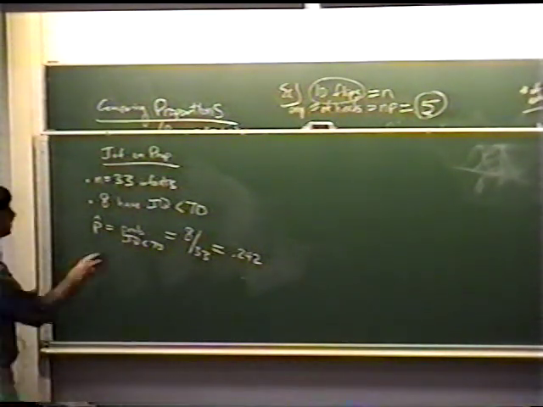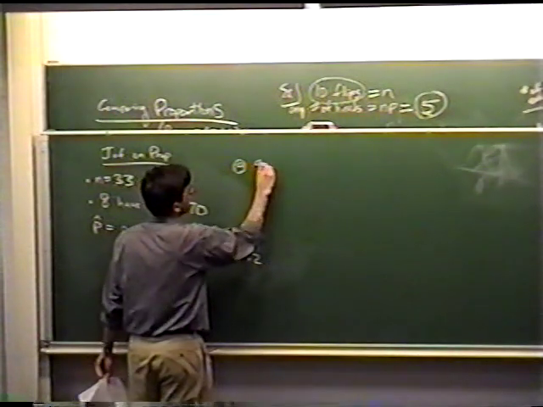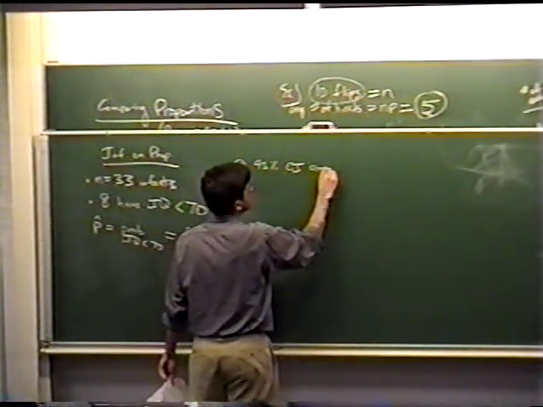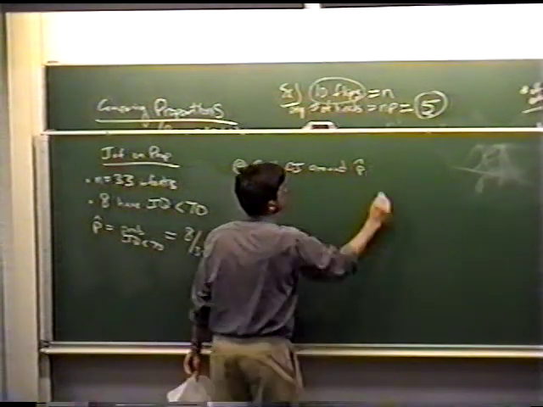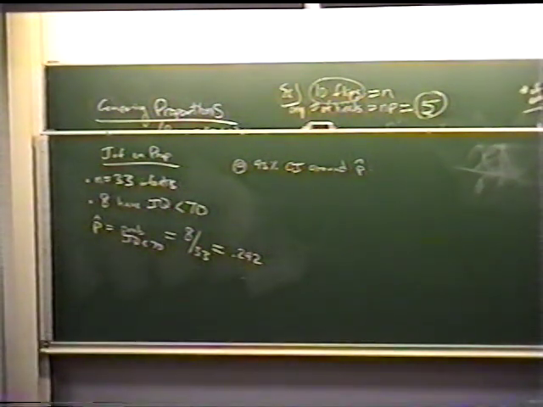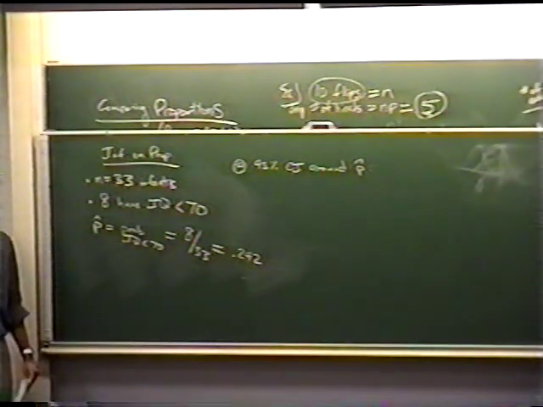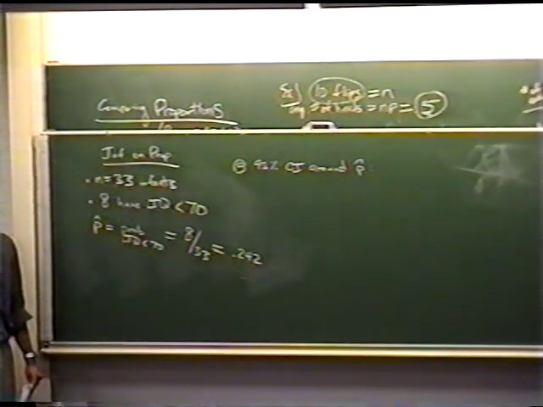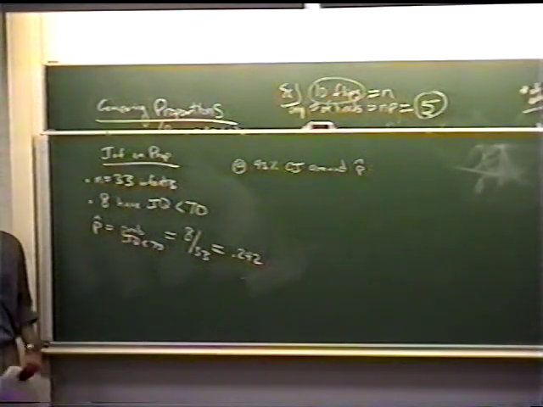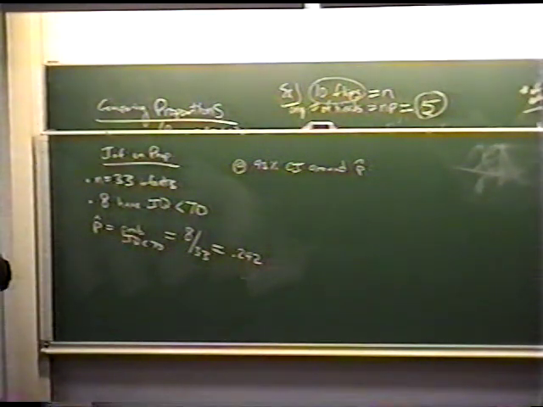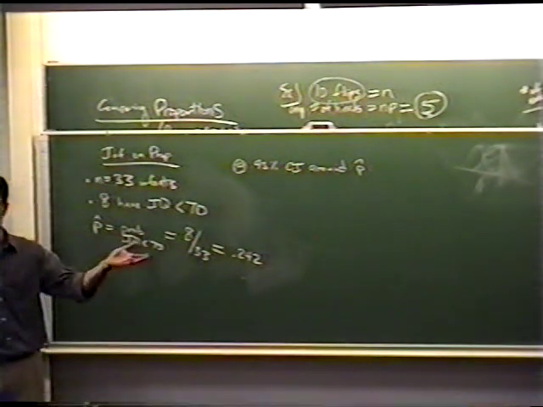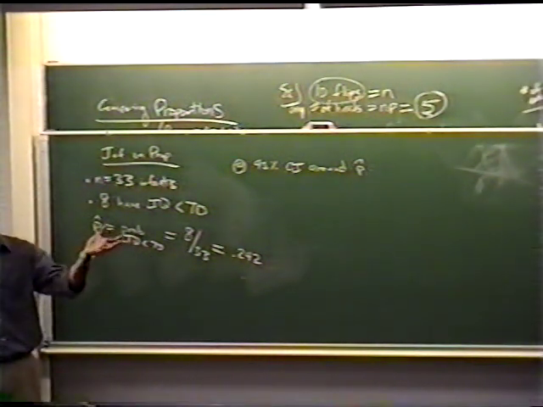So the first question is, what are the 95% confidence intervals around p hat? Well, what do we do? We don't have p naught. Do we need p naught? You can do the 95% confidence intervals around the population mean, or around a sample mean.